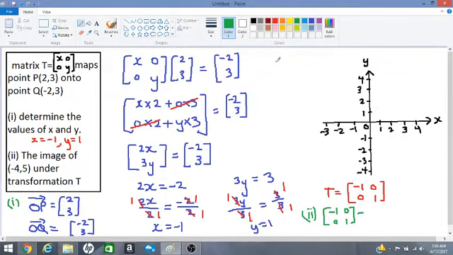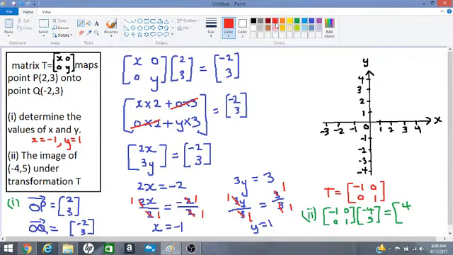So we have matrix T multiplying negative 4, 5. Let's work this out. The top row multiplied by the column, that's what we're doing. So we'll have negative 1 times negative 4, that is positive 4.